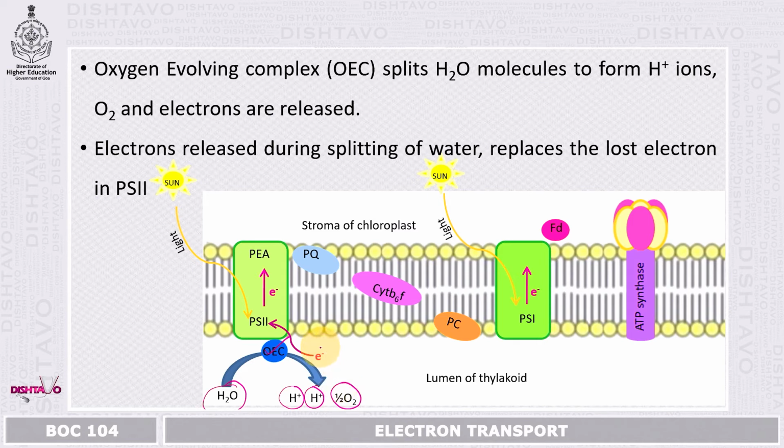Electrons released during the splitting of water molecules are transferred to photosystem 2 to replace its lost electron.